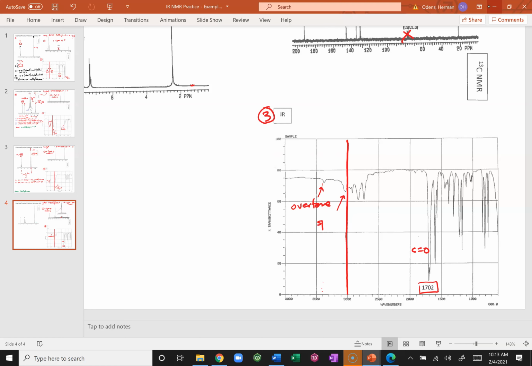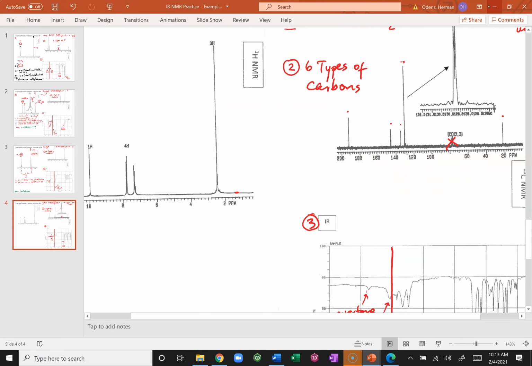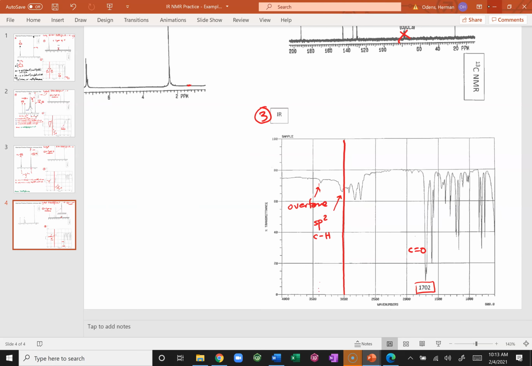So this will be an sp2 CH signal. It gets better. Do we have sp3 CHs? We have. Very, very small. These little blips there, those are important signals.